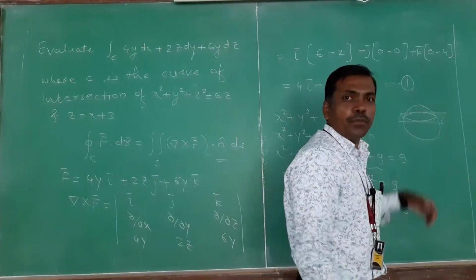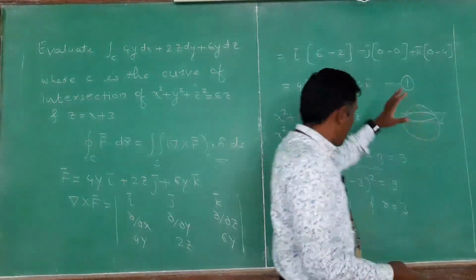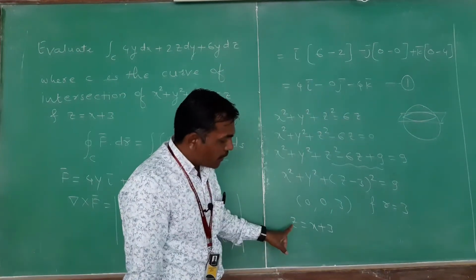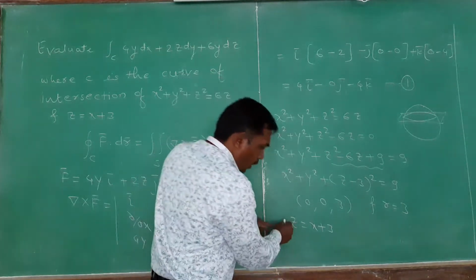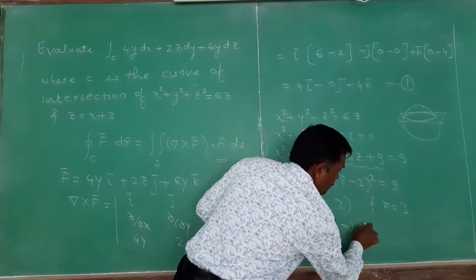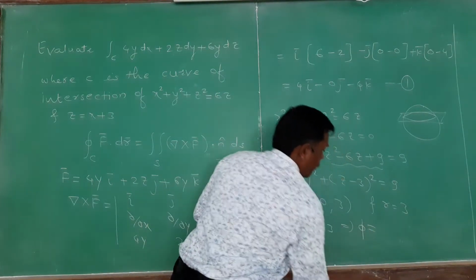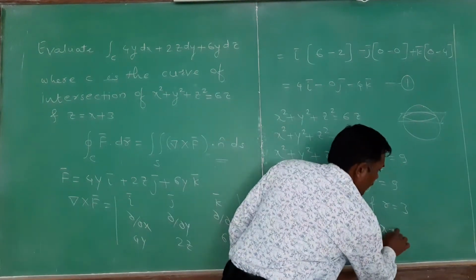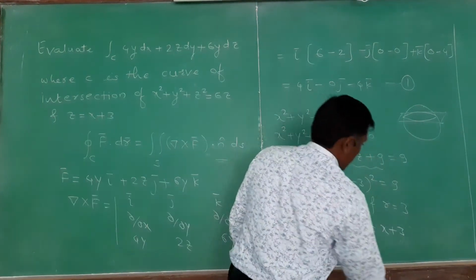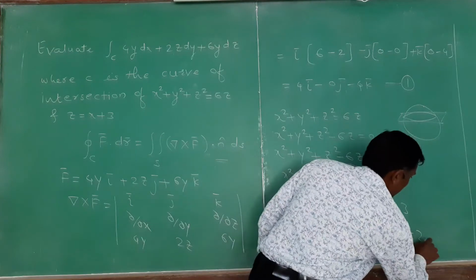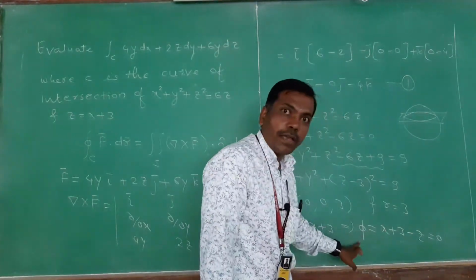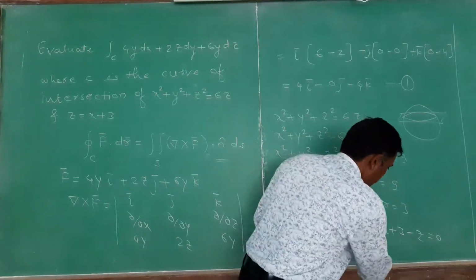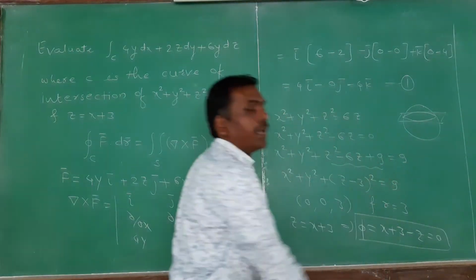So we can see that concept also. But here one plane is given, z is equal to x plus 3. Now call this phi. Phi is equal to, we write, x plus 3 minus z is equal to 0. Right? So we use this phi to find the value of n cap.